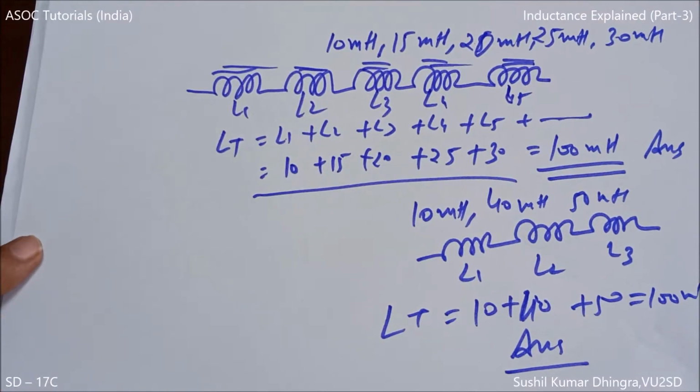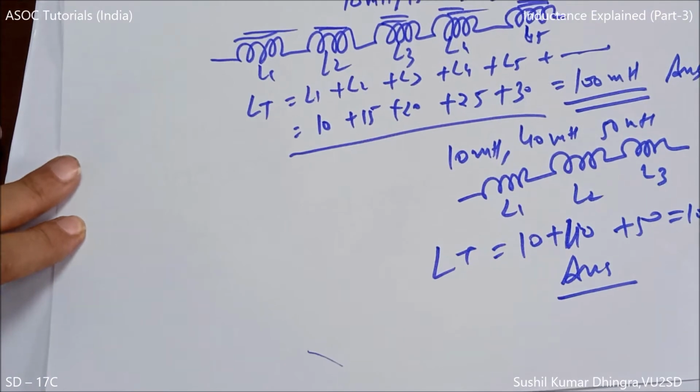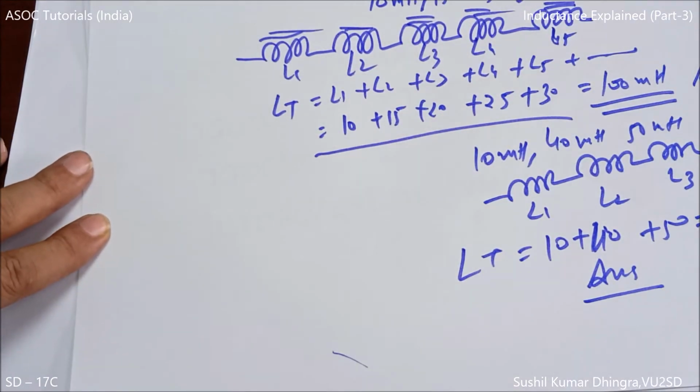Now going to a different concept, now taking coupling into account also. Now what I have: two inductors of 10 millihenry respectively are connected together in a series combination so that their magnetic fields aid each other, giving cumulative coupling.